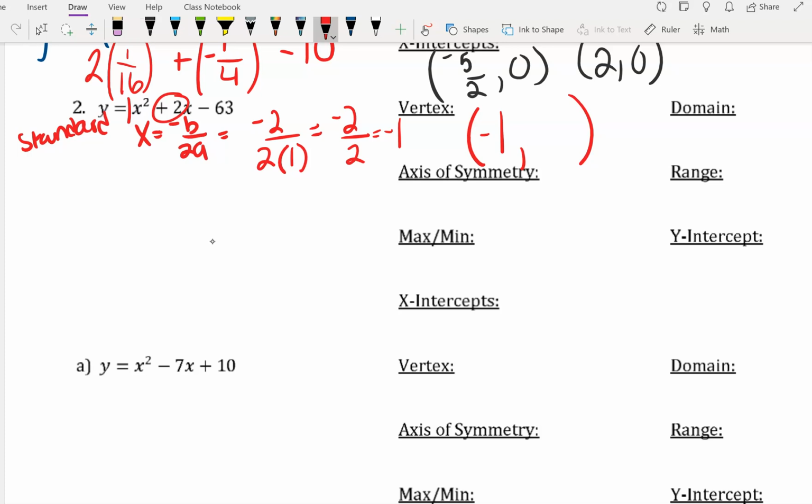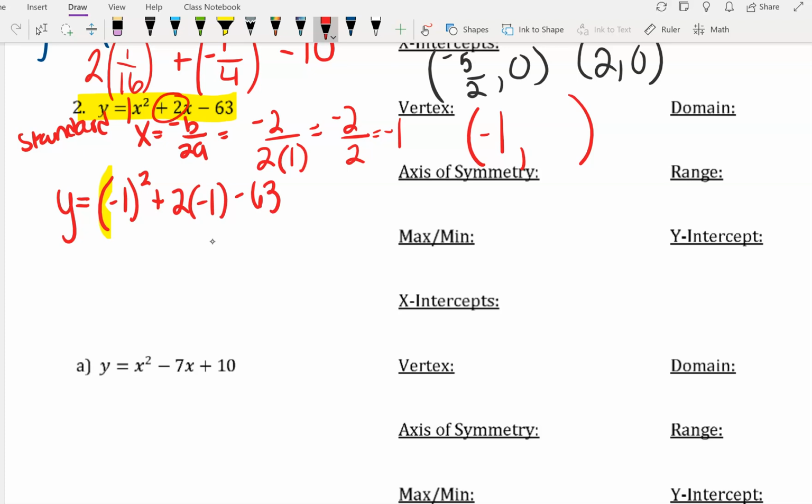All right, now to find the y coordinate of the vertex, you just plug into this original equation. Y equals, but we're going to plug negative 1 in for x. So negative 1 squared plus 2 times negative 1 minus 63.